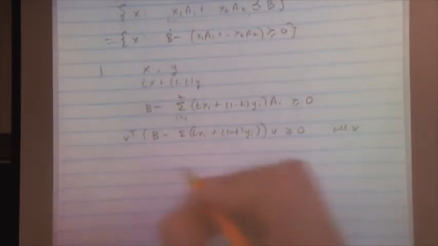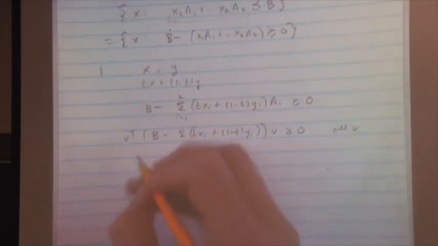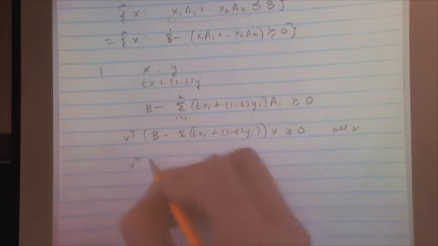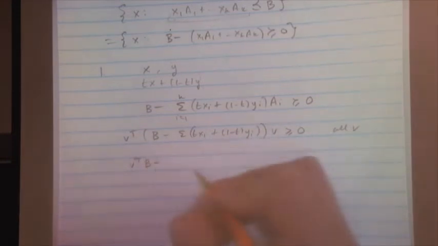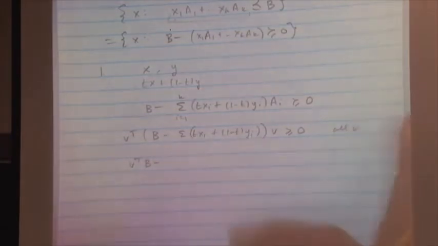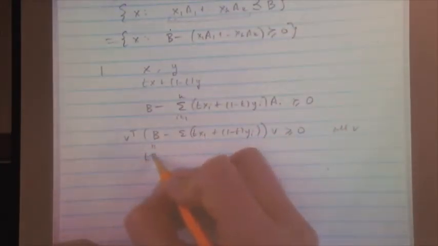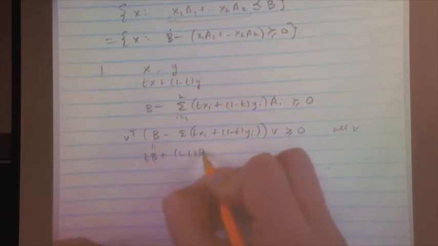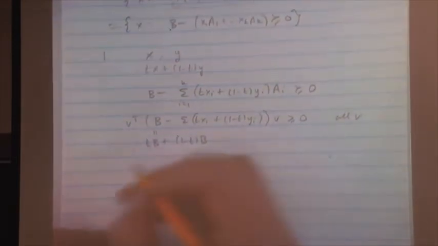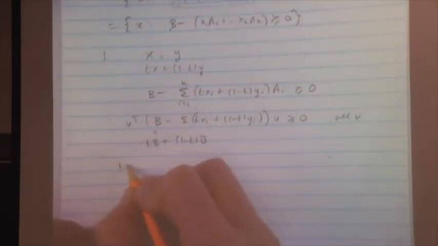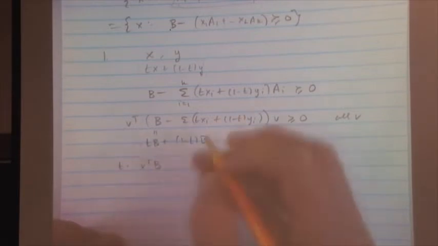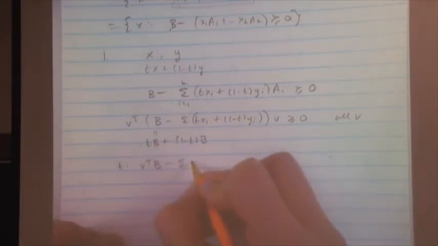So just move this through, and you get v transpose B minus... actually, I'm going to first note that I can write B as tB plus (1 minus t)B. Can always do that.